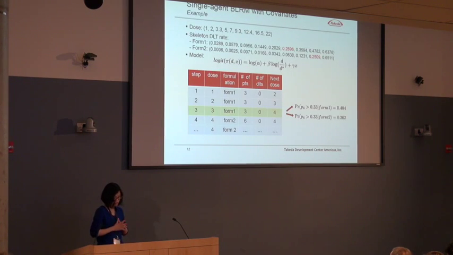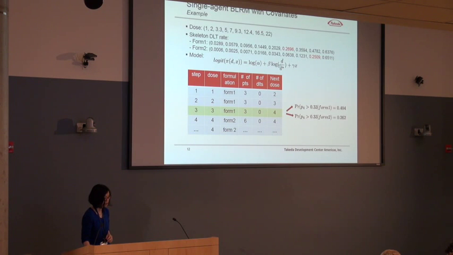Here is an example of the single agent BLRM with covariates, where you have a couple of different doses, and this is from simulation. These are the assumed prior DLT rates for 2 different formulations, where prior to the study you know that one of them is a little bit more toxic than the other.